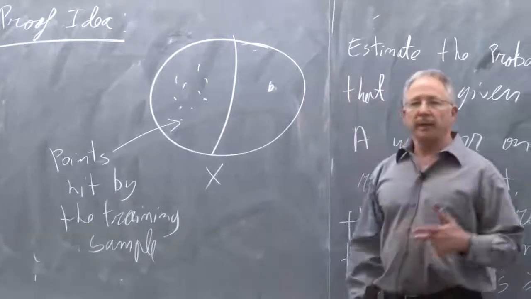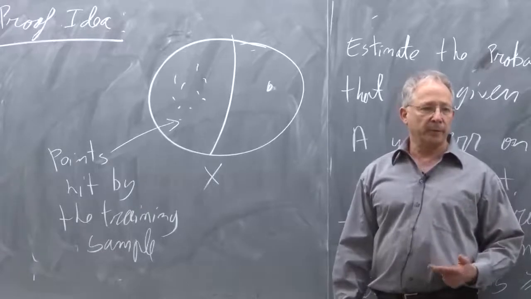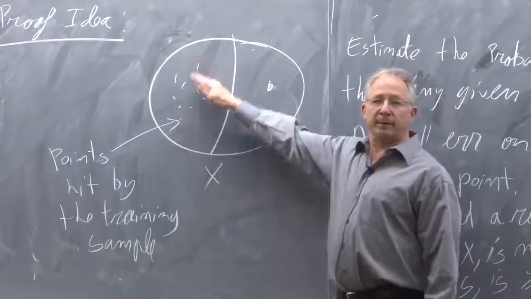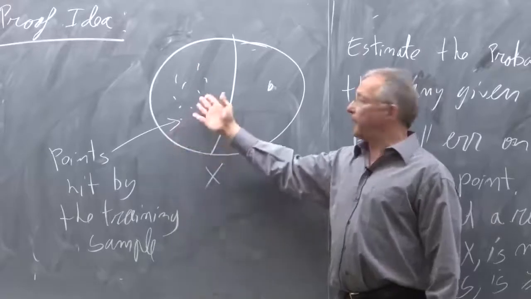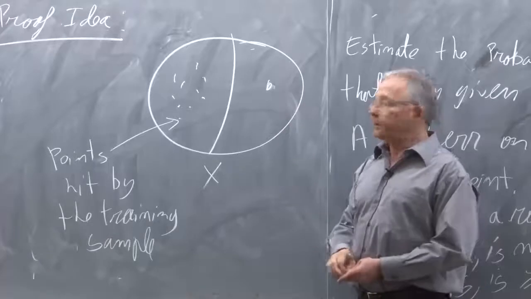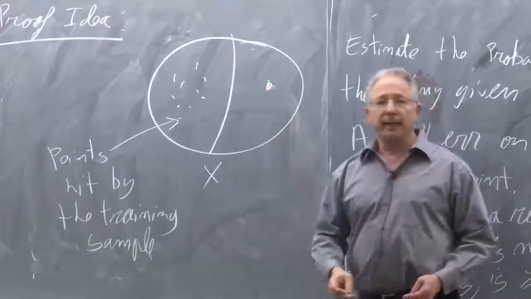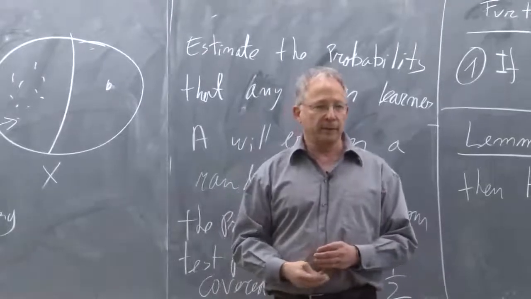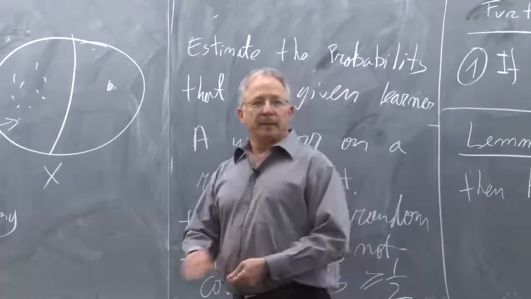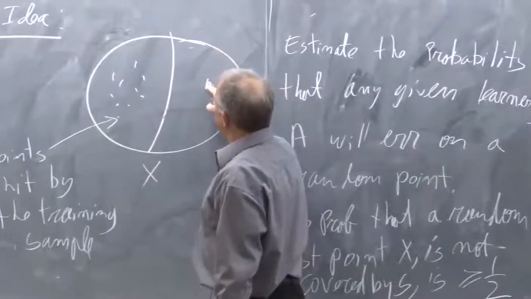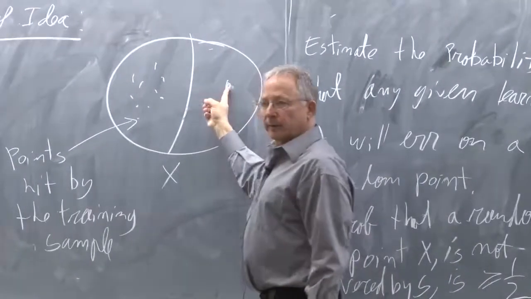I fix my learning algorithm. My learning algorithm has seen a sample here. The sample here was labeled in some way, and based on this, my algorithm predicts the behavior everywhere. But if there is a point here that I haven't seen, and the class H consists of all possible functions, then there are many functions. So say A predicts some label for this point.